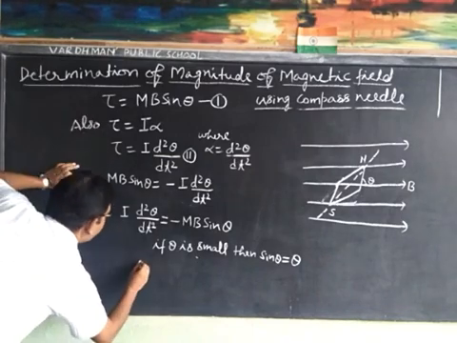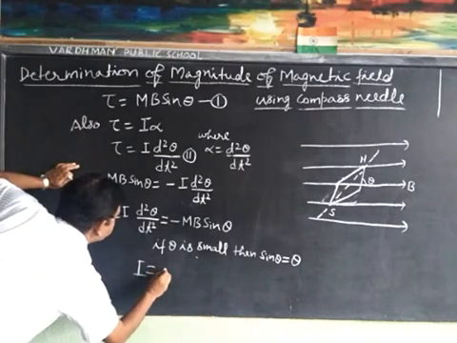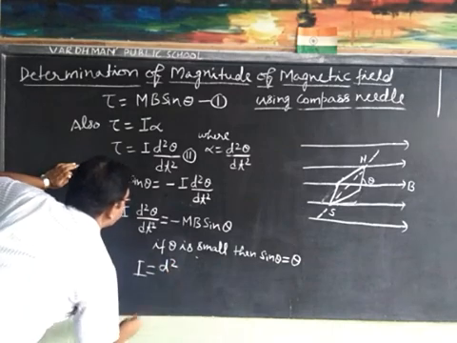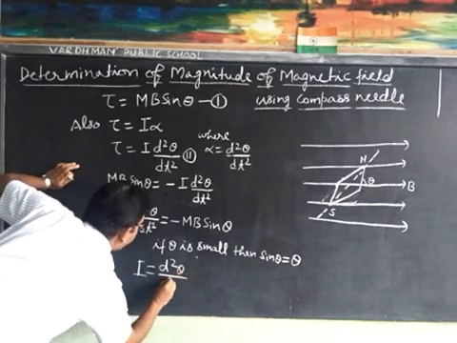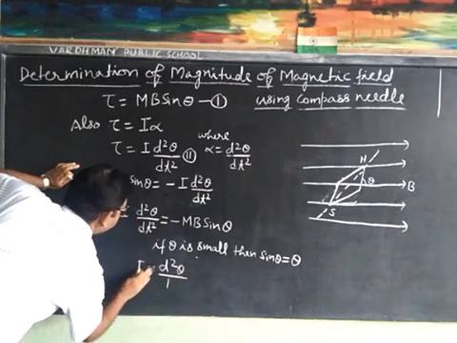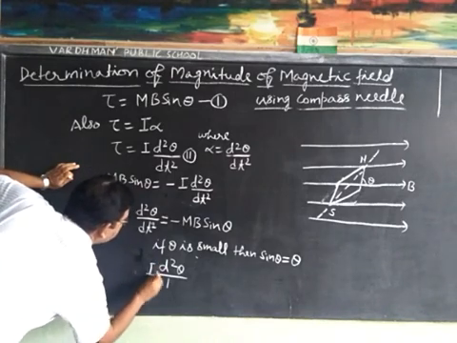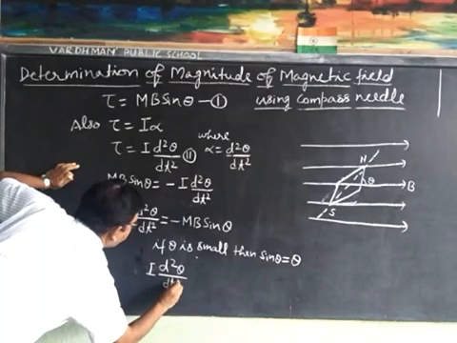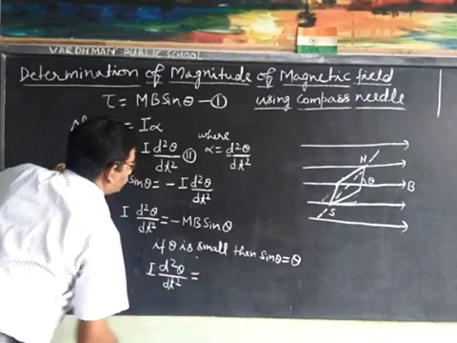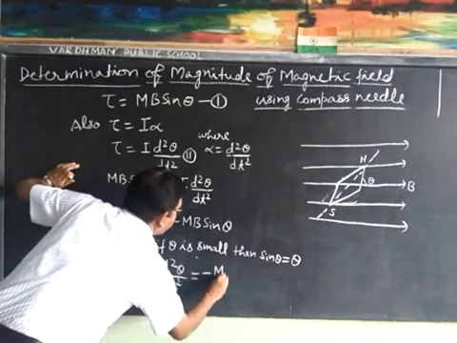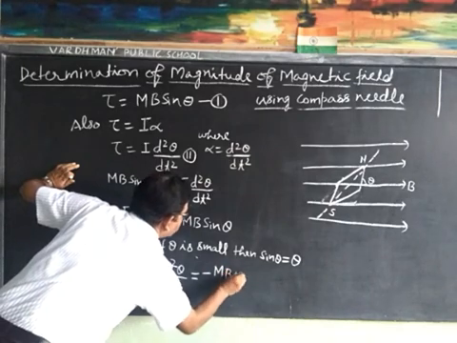That is, I into d square theta upon dt square is equal to minus mB theta.